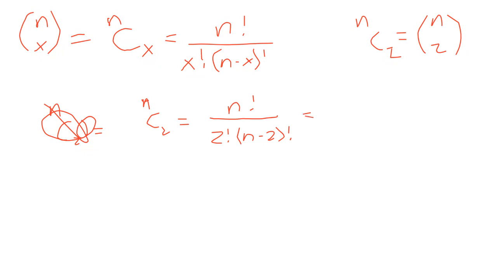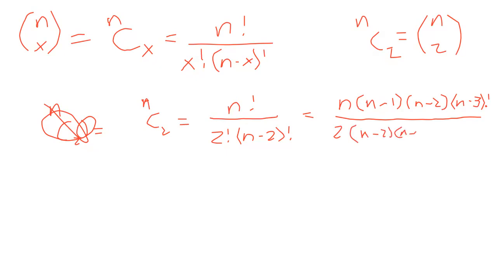Remember, N factorial is going to be N times N minus 1 times N minus 2 times N minus 3 factorial, and so on down to 1. And below here, 2 factorial is just 2, and you're going to have N minus 2, N minus 3 factorial, going right down to 1 just like the one above.